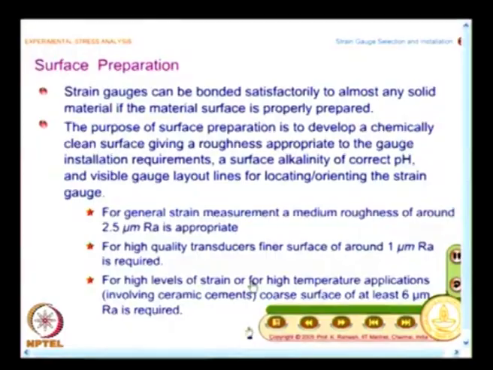Before we get into the detailed steps, you need to know why we do this. We want a chemically clean surface, we want an appropriate roughness, and we also maintain alkalinity of the surface for proper bonding, and we also need layout lines. So, this specifies the various steps that we may have to come across.